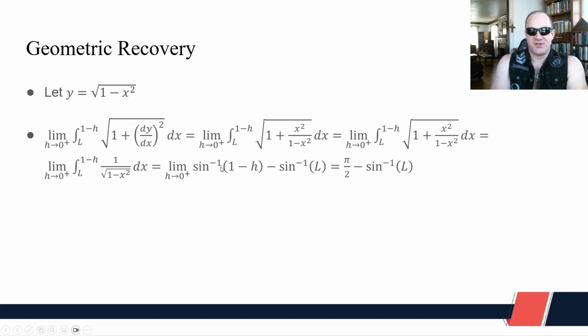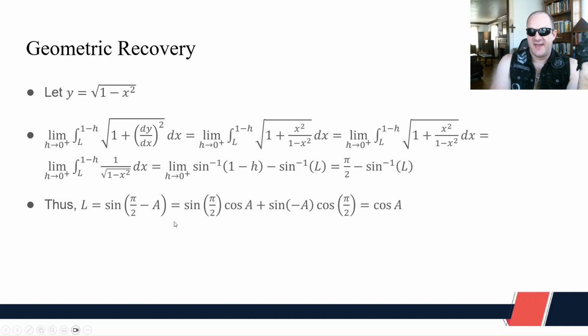And we get this expression here. And so, once again, the arcsine of 1 is going to give you your pi over 2. And so what have we deduced here? We've deduced that the arc length, that value A that we saw earlier, A is equal to pi over 2 minus the arcsine of L.